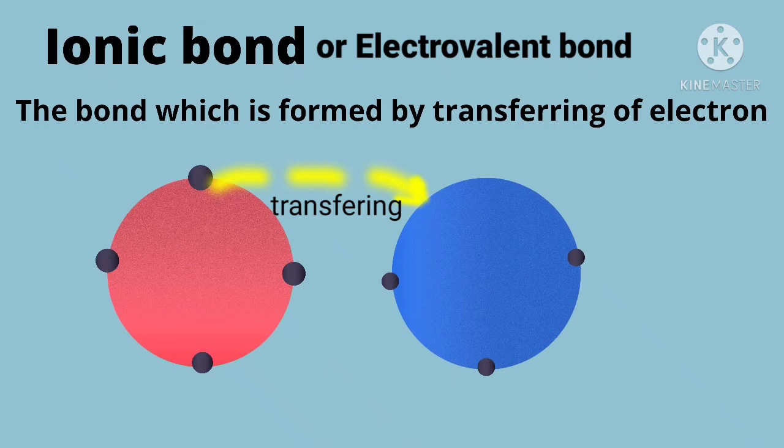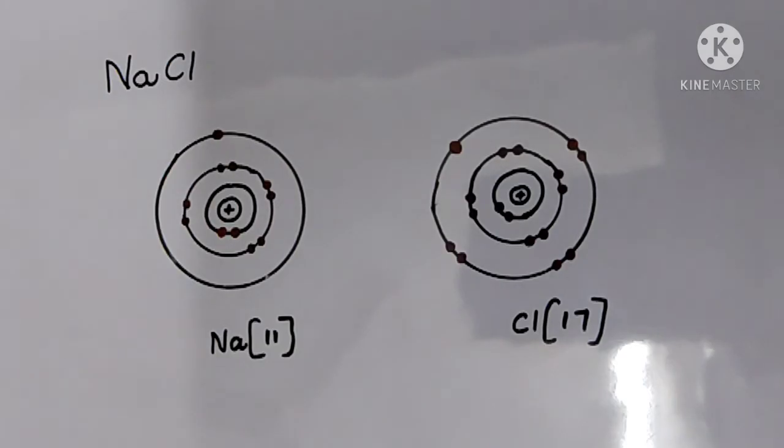The bond which is formed by transferring of electrons from one atom to another is called an ionic bond, or electrovalent bond. Take for example sodium chloride. The atomic number of sodium is 11. It has 2,8,1 configuration. In the valence shell, sodium has 1 electron.